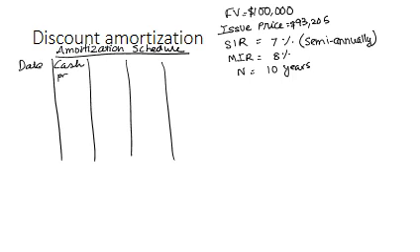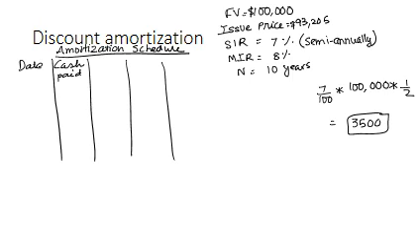The cash paid on this bond is nothing but the stated interest rate times the face value, and because the cash is paid semi-annually, it is $3,500.